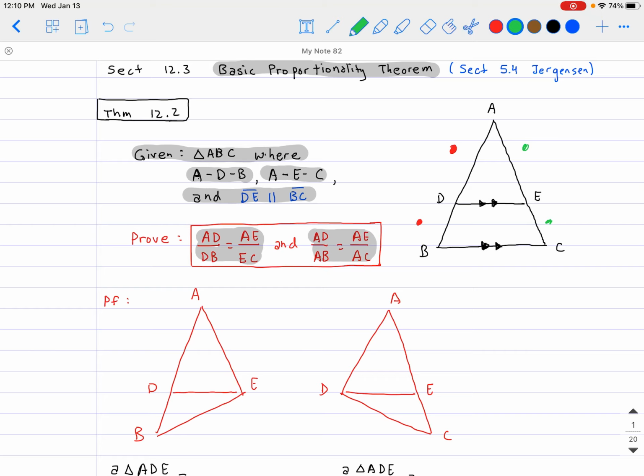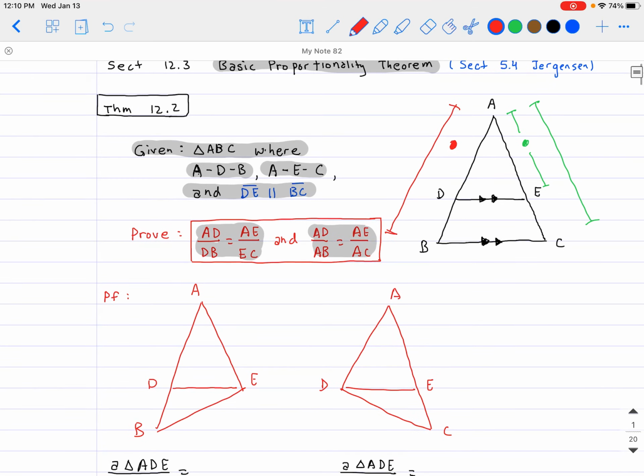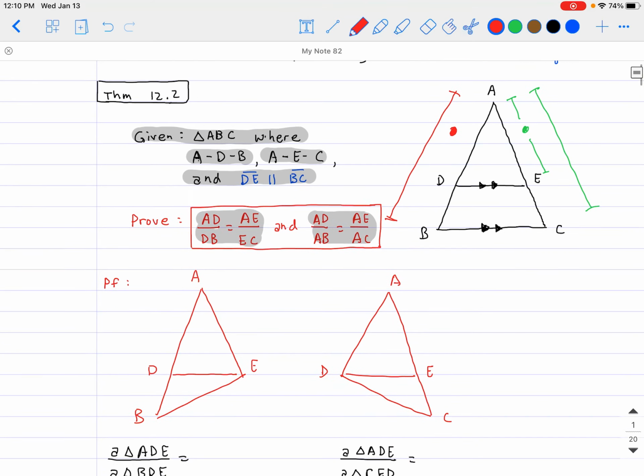Whereas for the second step, I want to prove that AD, which is that red dot once again, divided by the entire length of AB, is equivalent to AE, which is this piece right here, divided by the entire length of AC over here. This one is going to be a little bit more flexible in that case. But anyhow, let's go ahead and see how this actually works out then.